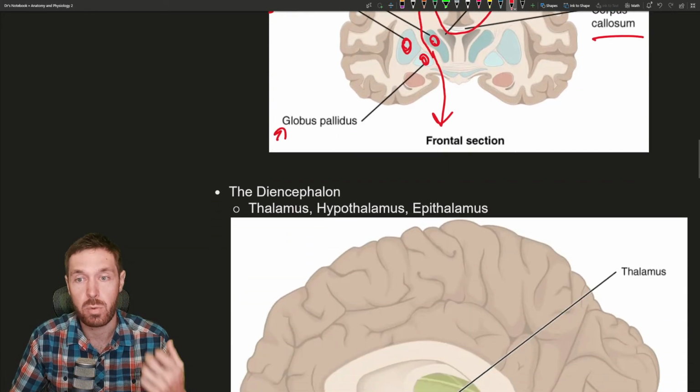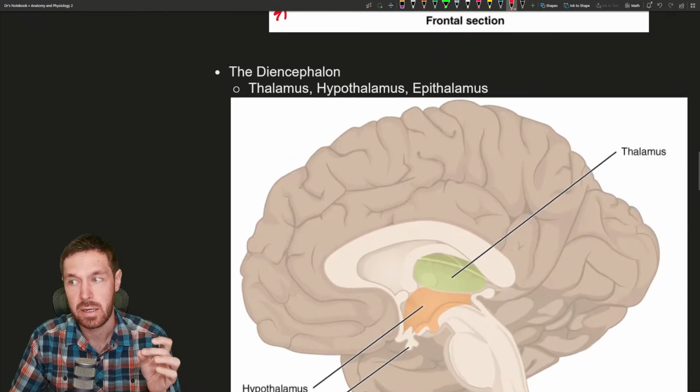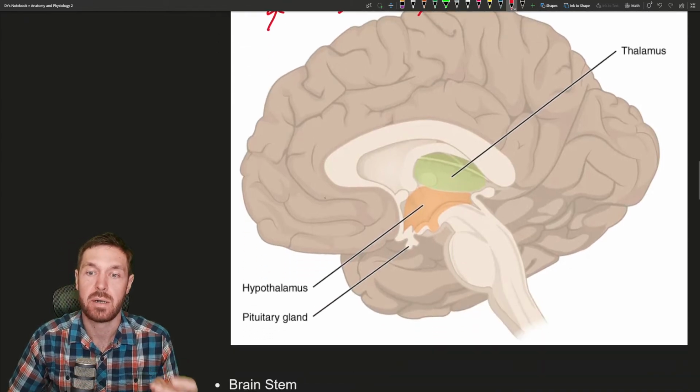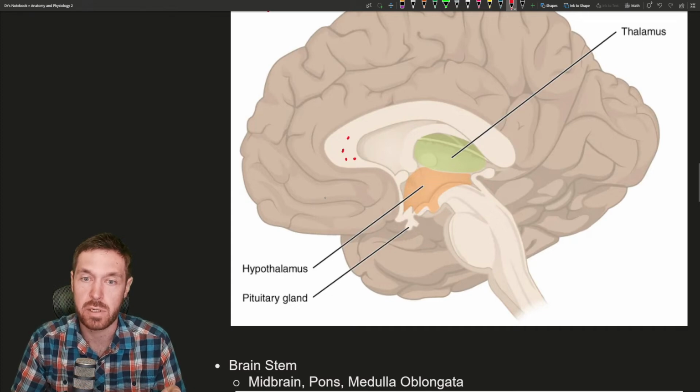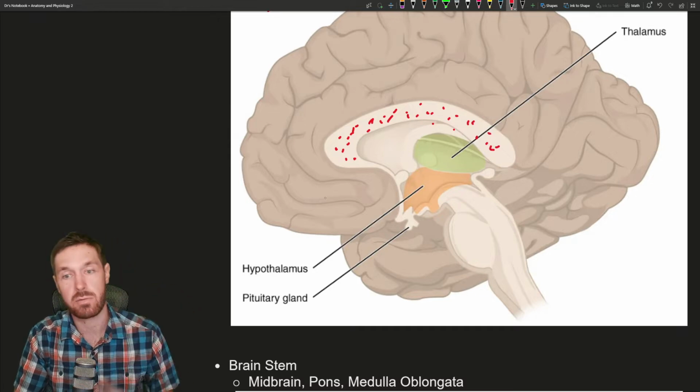So, moving on, we go deeper into the brain where we have a structure called the diencephalon. The diencephalon here is made up of the thalamus, the hypothalamus, and the epithalamus. Right here is the corpus callosum. We have all these fibers running to the other hemisphere, so they'd be coming at you right here.